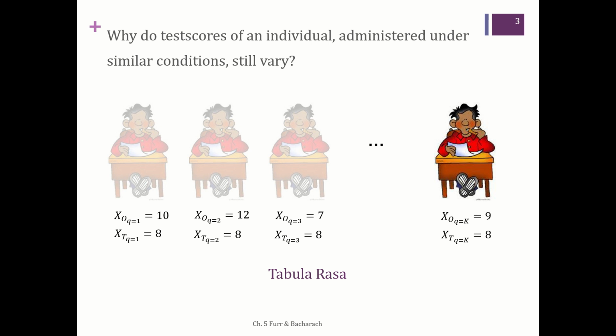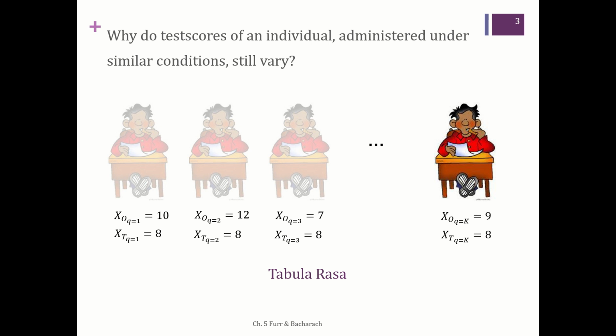So ideally, if you give the same test over and over again, you want to get the same test score over and over again. Now, as we already mentioned, that's not going to happen due to measurement error, but that's what we want. And reliability is the degree to which we're measuring the same thing each time.